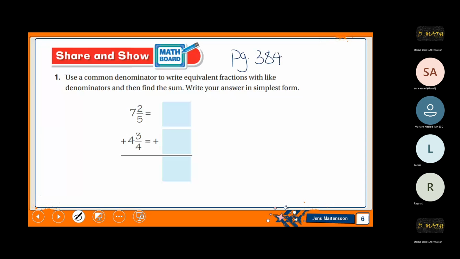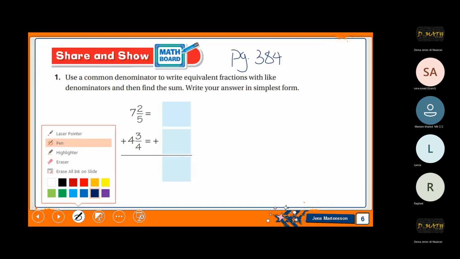Now, look at me here. Here we have two fractions and we're going to add them. The first one is 7 and 2 over 5, and the second one is 4 and 3 over 4. So 7 and 2 over 5 plus 4 and 3 over 4.